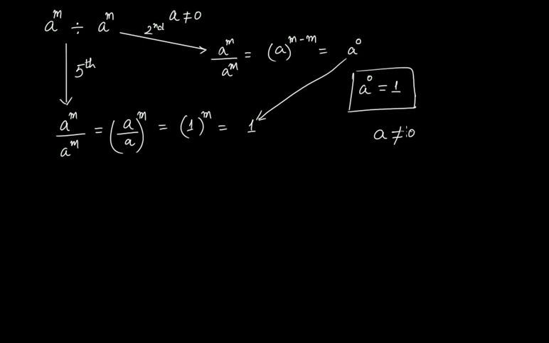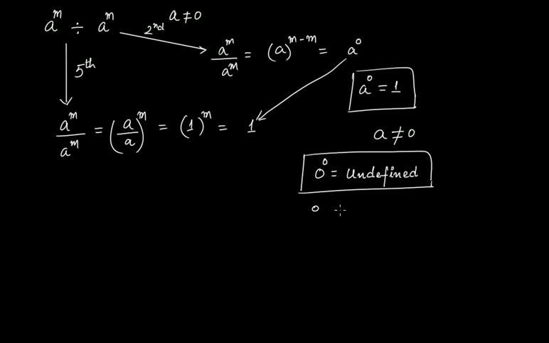Now if you are wondering why, then let me tell you that 0 to the power 0 is actually undefined. Why is it undefined? Because some mathematicians say that this value should be 0, and some say that it should be 1.